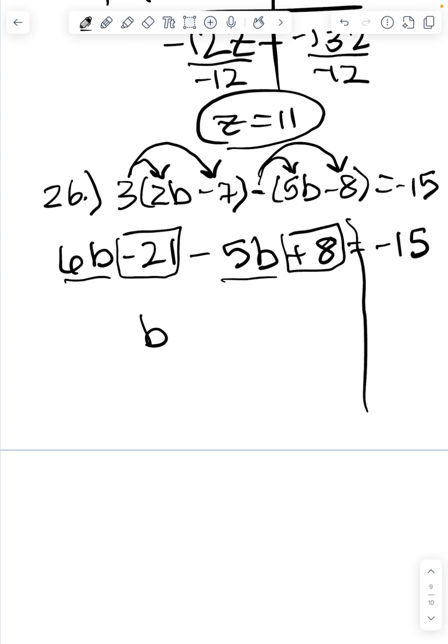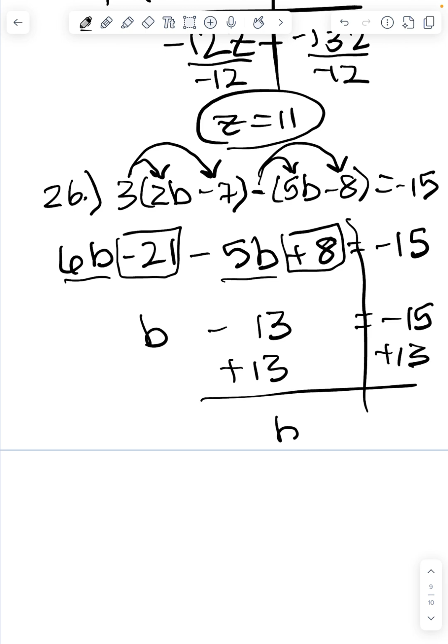Then I've got a negative 21 and a positive 8. Signs are different. Find the difference. Keep the sign of the bigger one, which is going to be negative 13, and that equals negative 15. So add 13 on both sides. So we end up with b equals negative 2. Okay, first half done.